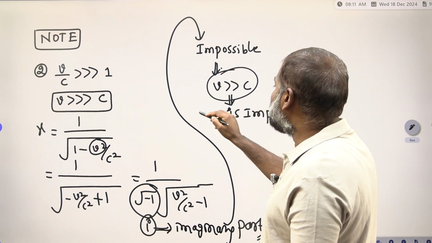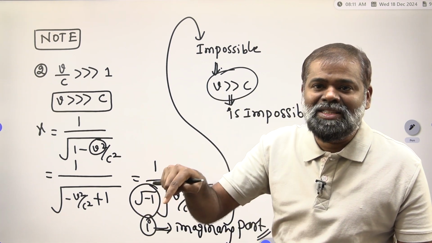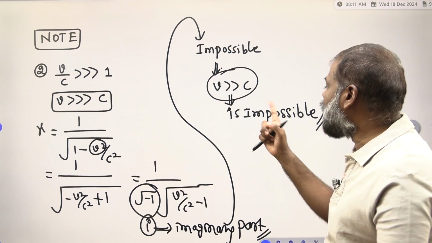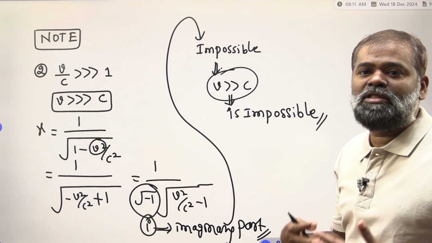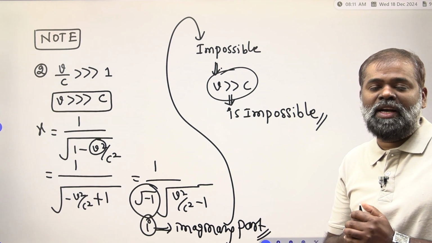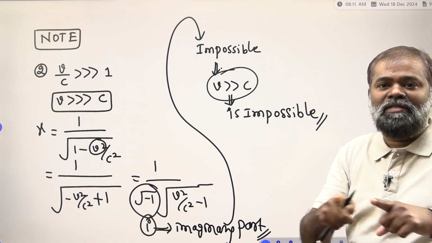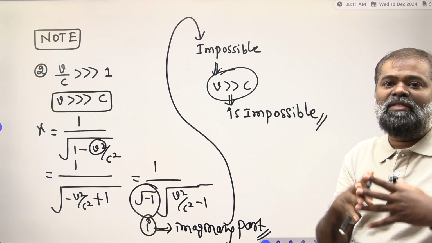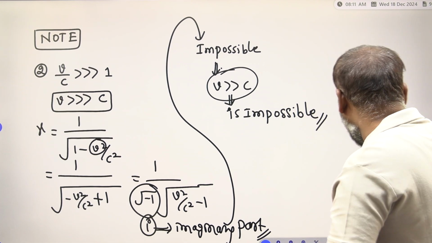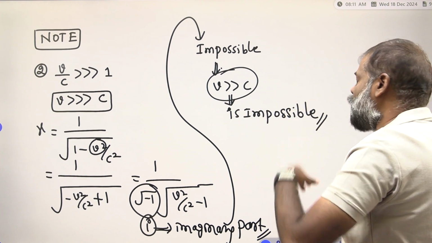That is why the velocity of a particle cannot be greater than the velocity of light. This is very important. This is the beauty of the special theory of relativity: in the universe, every particle moves below the light velocity only; above the light velocity is not possible. So that is the second note on the Lorentz transformation, clear.